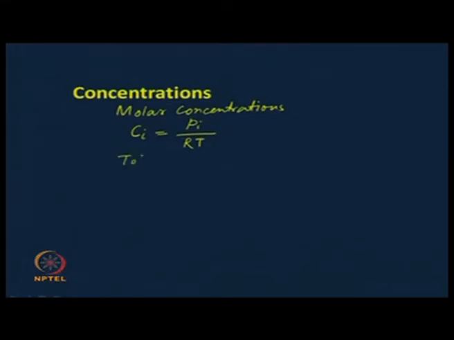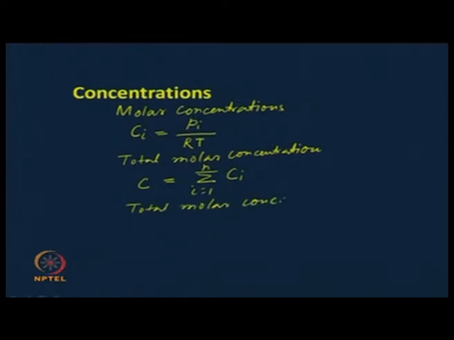So, the total molar concentration we can represent as C equal to summation over i equal to 1 to n of C_i. For an ideal gas mixture, we can write C equal to 1 by RT times summation over i equal to 1 to n of P_i, which is equal to P_T by RT.